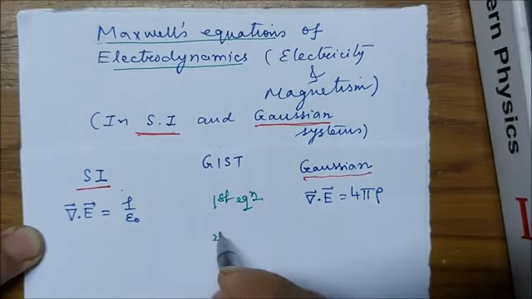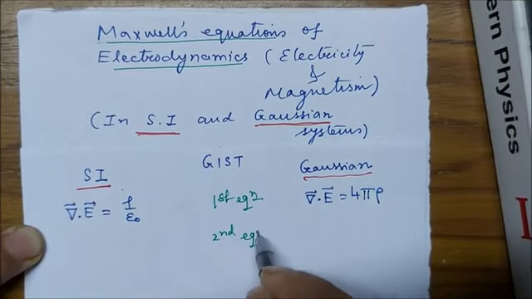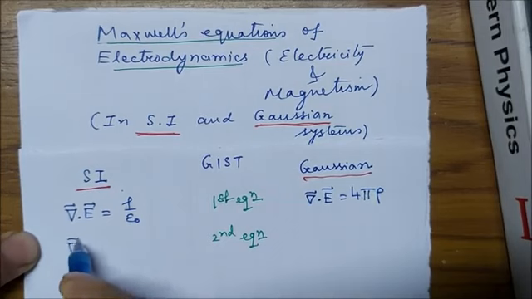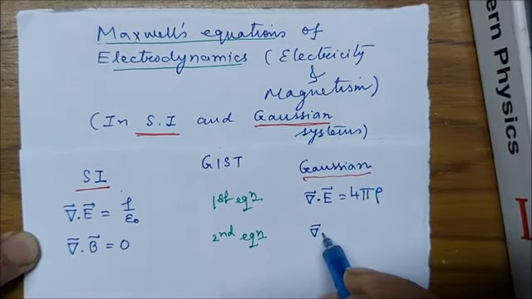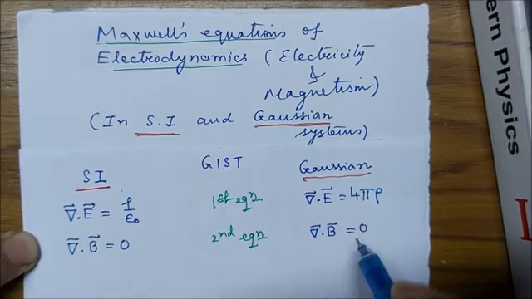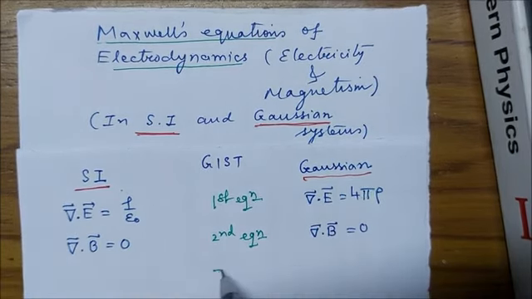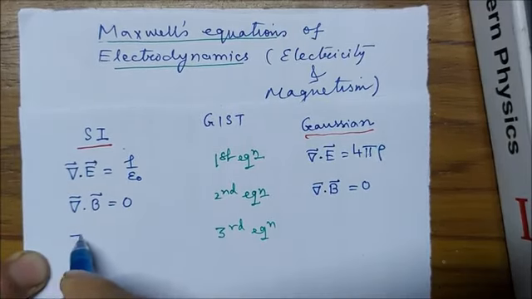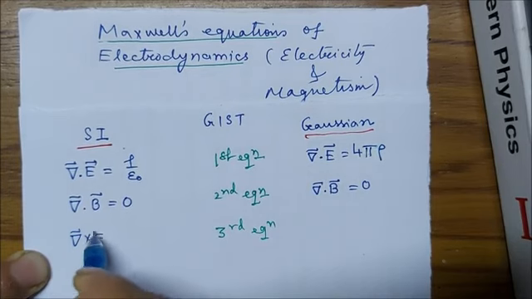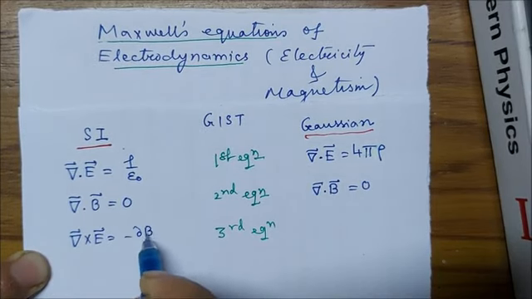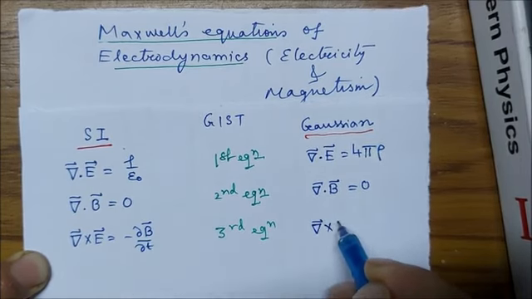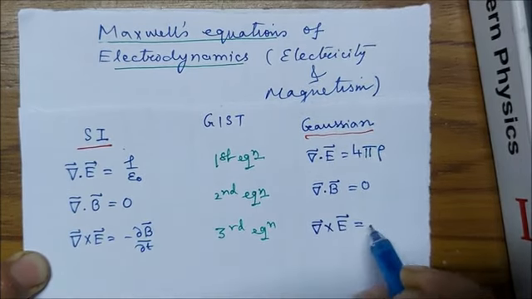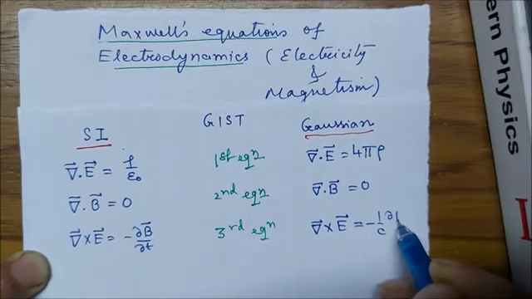The second equation is same whatever system we use, so it is divergence B equal to 0 in both. Now the third equation, which is curl of vector E is equal to minus del B del T, and here it is curl of E is minus 1 by C del B del T.